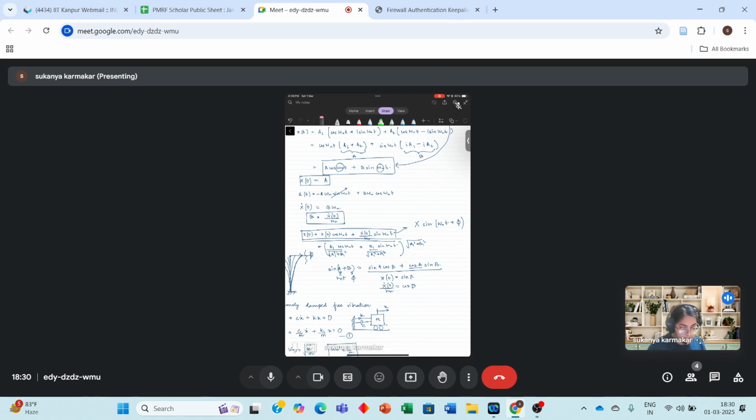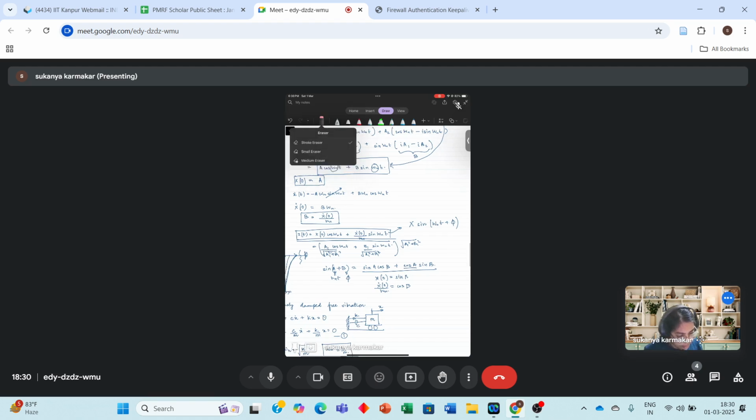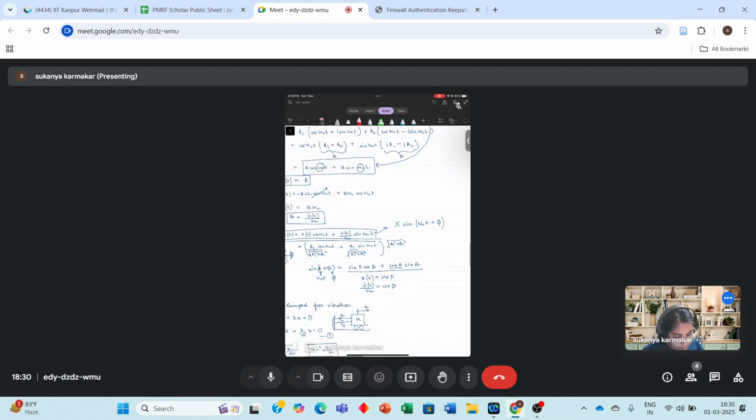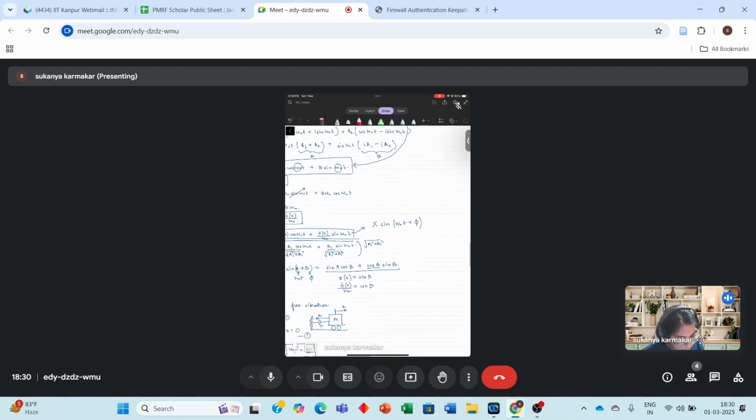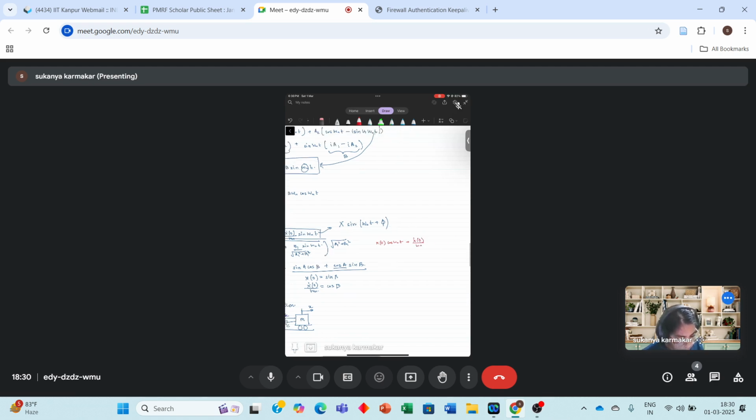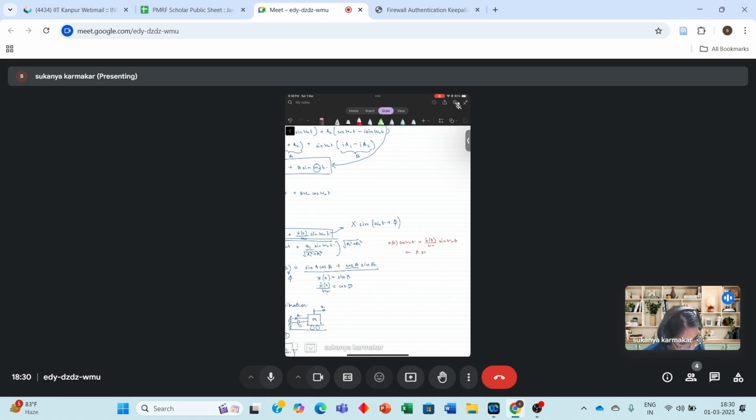I have written it in a bad manner, so let's first write this down. x0 cos of omega n t plus x dot 0 by omega n sine omega n t. This is equal to, I want it to be equal to x of sine omega n t plus phi.